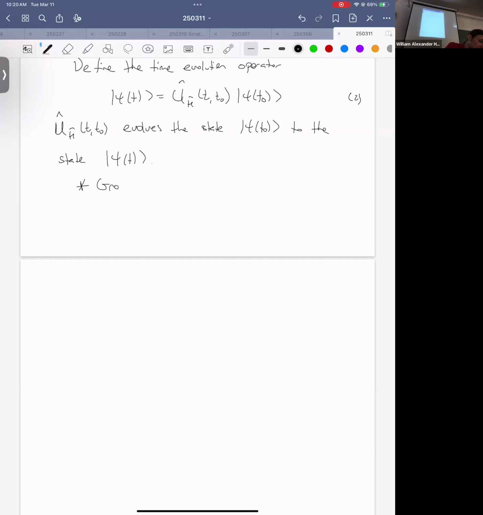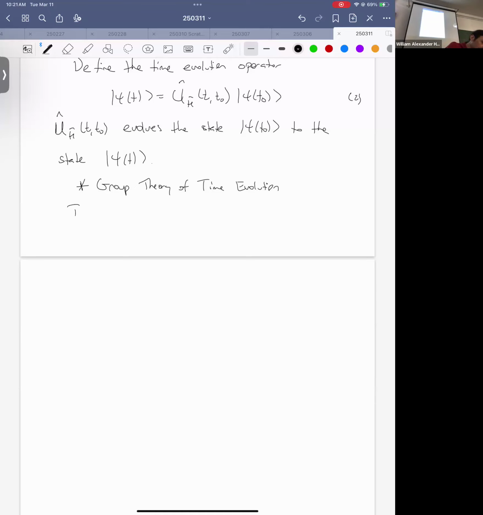Let's talk about the group theory of time evolution. I'm putting this in not to be like, oh God, group theory, not again, but rather my goal is that this will tie in very nicely with what we just talked about, so it will feel like a very natural way to think about time evolution.